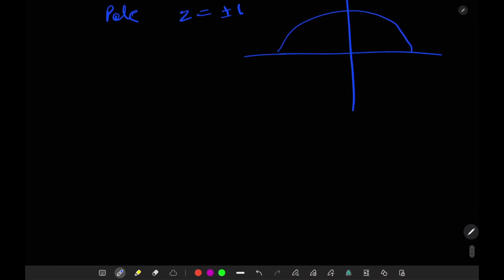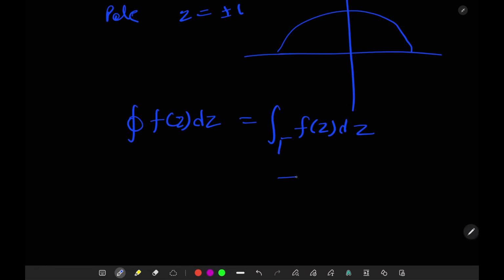Now using here evaluation of integral of type integral minus infinity to plus infinity f z dz.